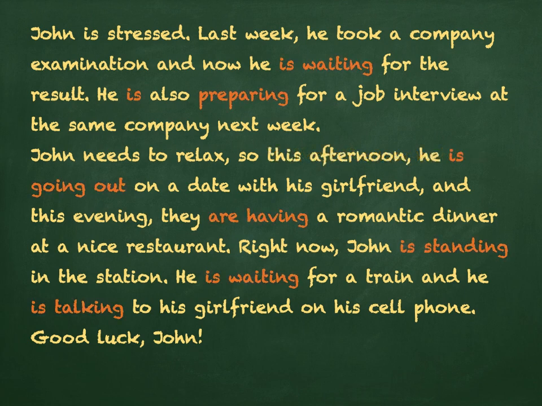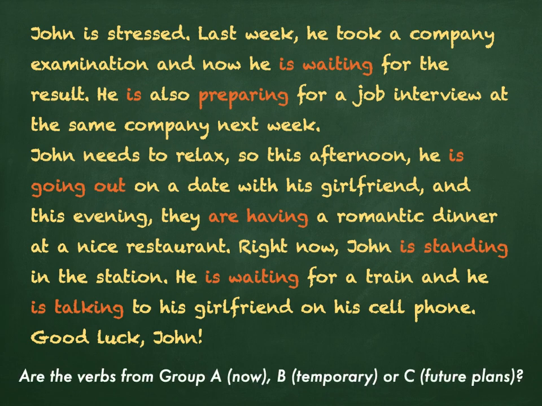Okay, here they are. Did you notice them all okay? Now, please decide which group each verb phrase is in. Is it A, B, or C? Again, pause until you want to hear the answers.